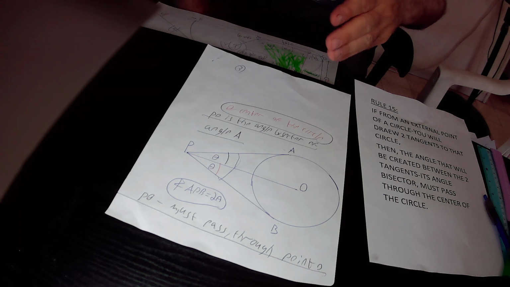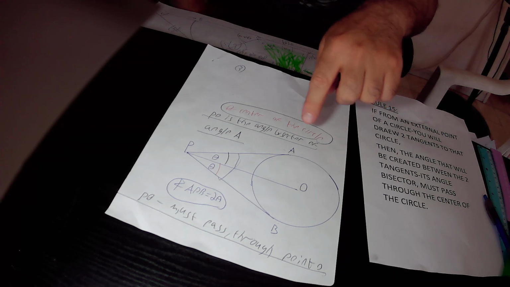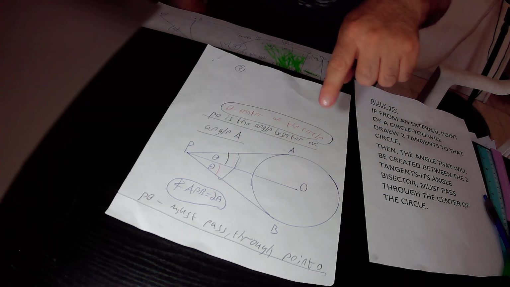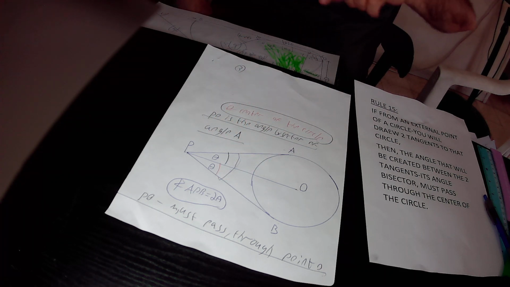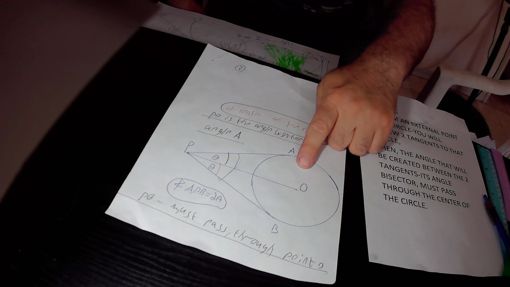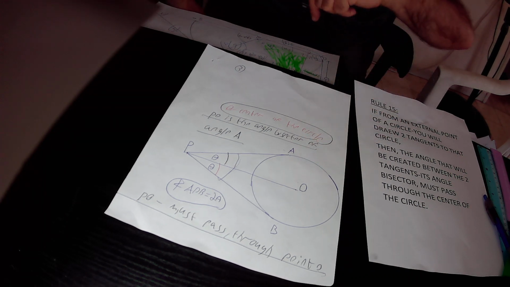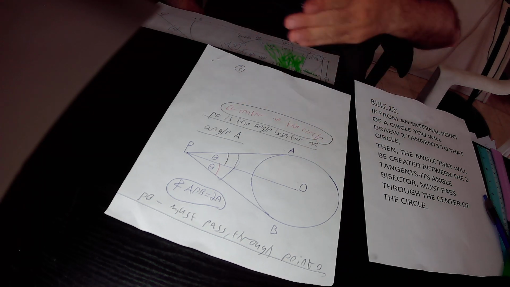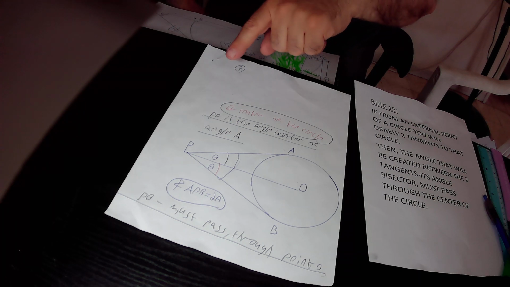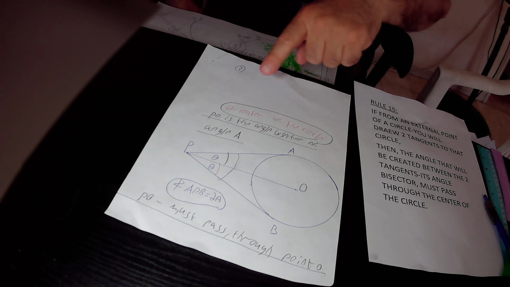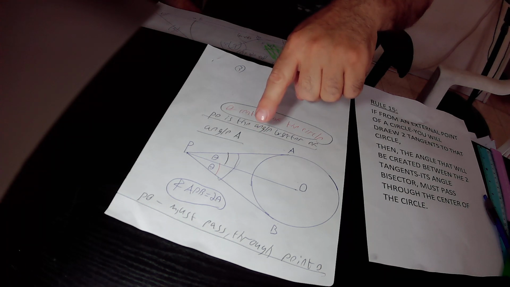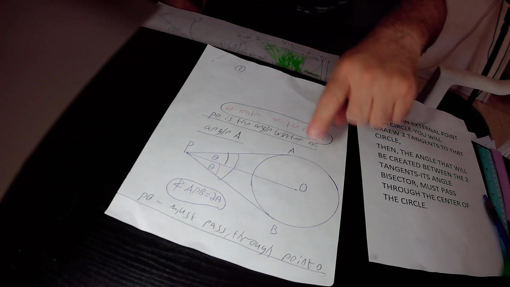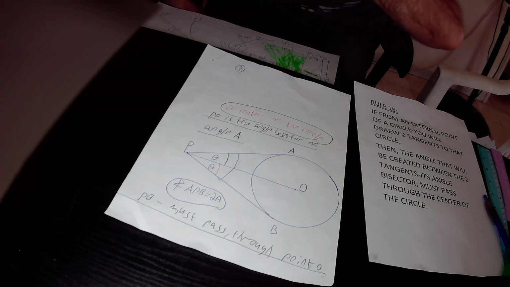Actually, the angle bisector of this angle APB must pass through point O, that is the center of this circle. Again, the angle bisector of angle APB that was created by drawing the two tangents PA and PB to this circle must pass through point O, the center of this circle.